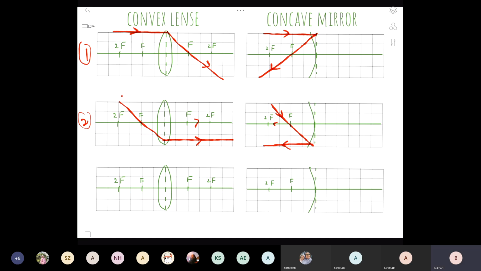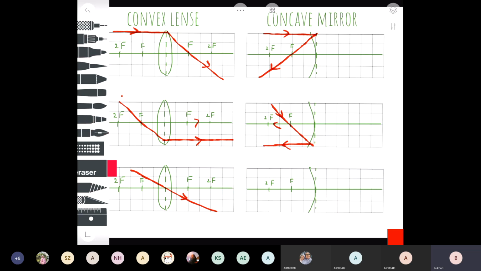And the third rule for convex lens is when light passes through the center of the convex lens, it will not be refracted, so the light just goes straight on like that. Actually, something is wrong here.